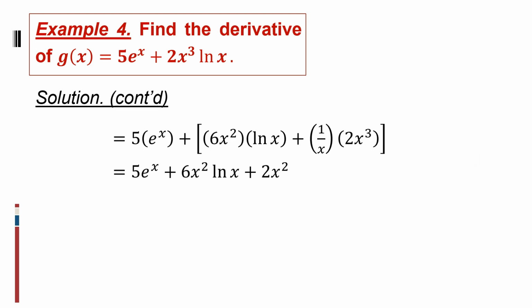So, that is now equal to 5 times e raised to x plus 6x squared ln x plus 2x squared. Because one of them can cancel out. Okay? So, the derivative now of g of x is equal to 5 times e raised to x plus 6x squared ln x plus 2x squared.